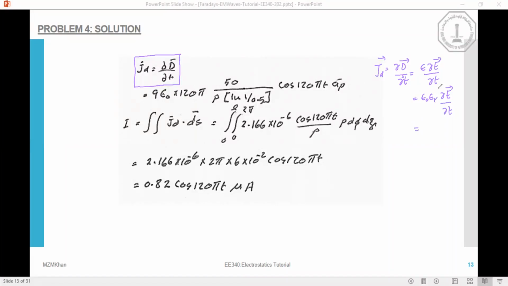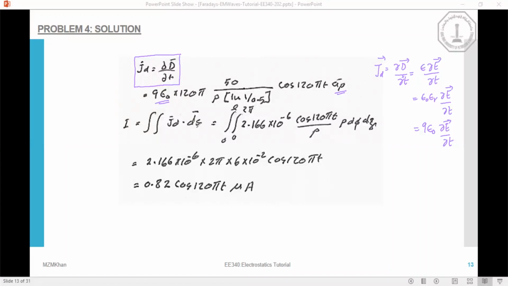And what is the epsilon R of our material? 9. So 9 epsilon naught, ∂E bar over ∂t. Now take the time derivative of the electric field, in the A rho direction. Once I get J_D bar, then the current is the integral of J bar dot dS bar.